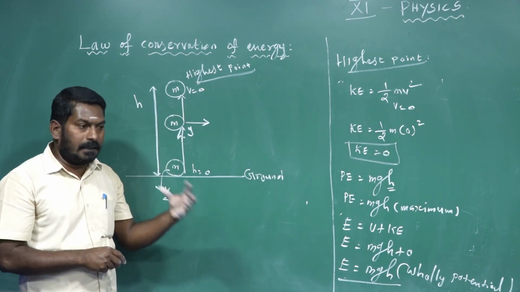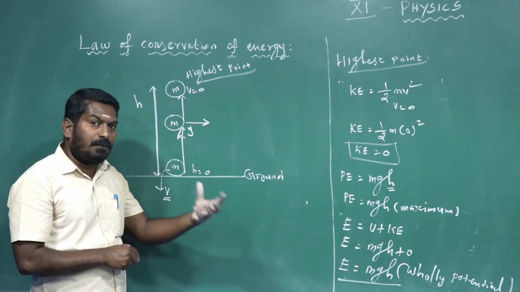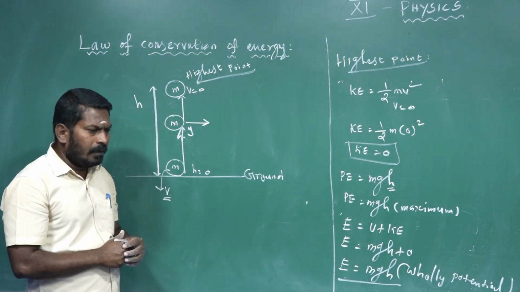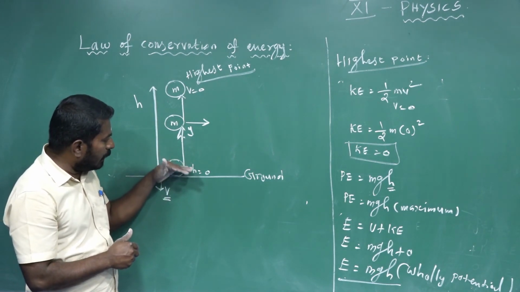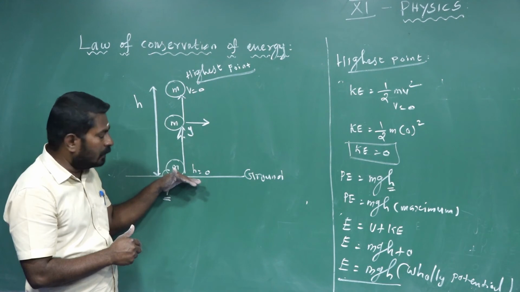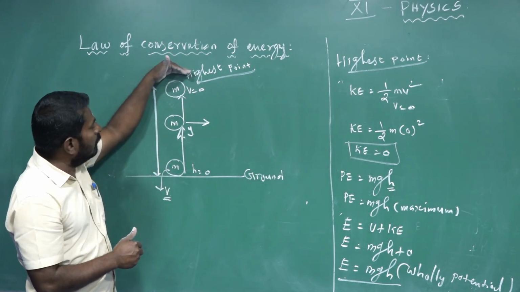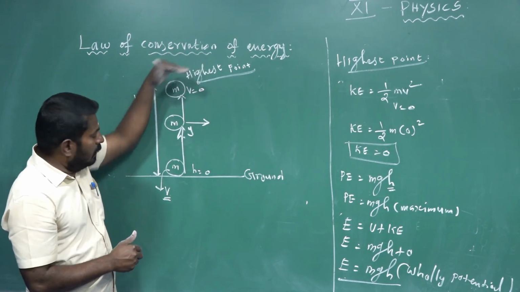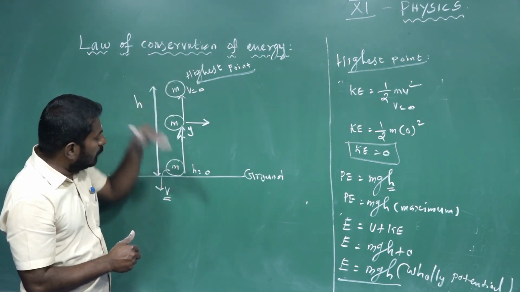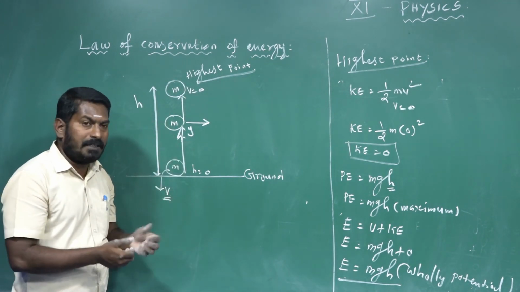Energy can neither be created nor destroyed, but one form of energy is transferred to another form. Here, at the time of throwing the body vertically upward, the total energy is kinetic. If your body reaches the highest position, the total energy is wholly potential. So the potential energy and the kinetic energy are equal in total, and the total energy of the isolated system remains constant.